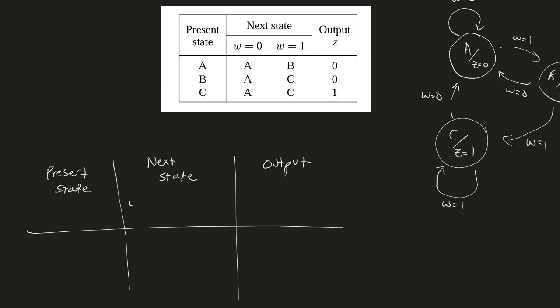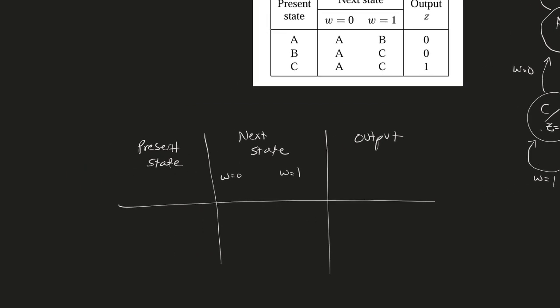So this side will be W equals 0, W equals 1. Next state we're going to represent using uppercase Y's, so uppercase Y2, uppercase Y1, for W equals 0, W equals 1. Our output will only be represented as Z, and our present state will be represented as lowercase y2, lowercase y1.